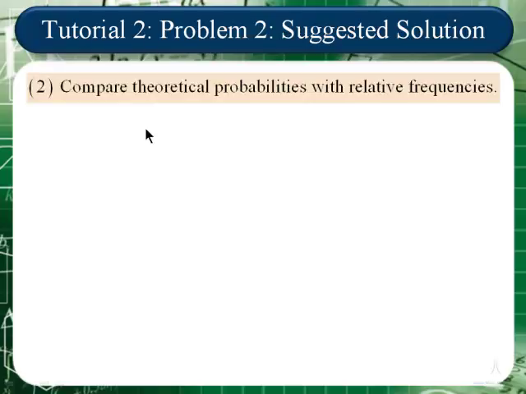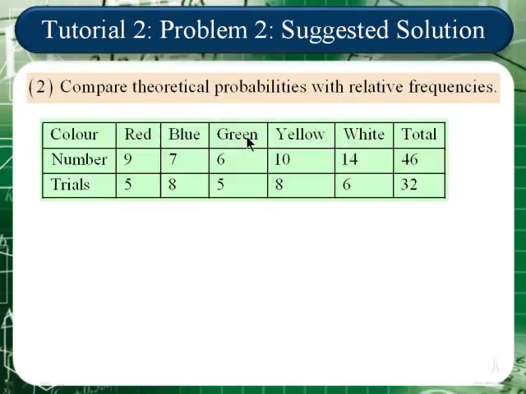Let us consider a suggested solution to the second problem of tutorial 2. You need to compare the theoretical probabilities with the relative frequencies. From the simulated experiment, we obtained the number of positive trials for each of the different colors of marbles in the bag from the random table.